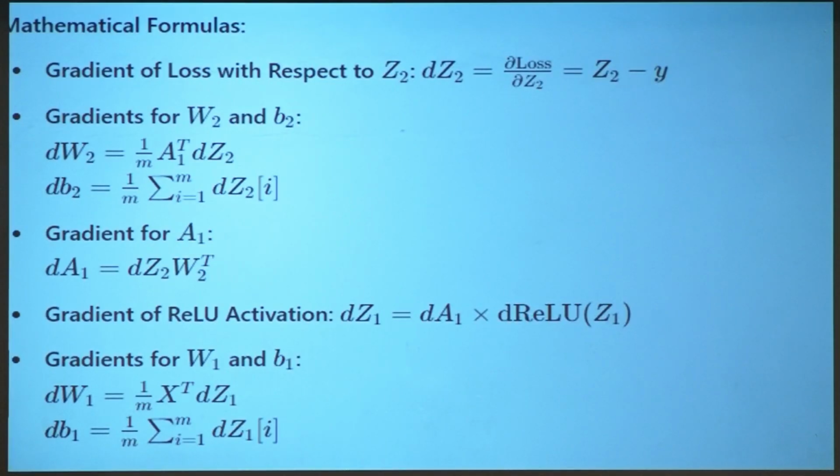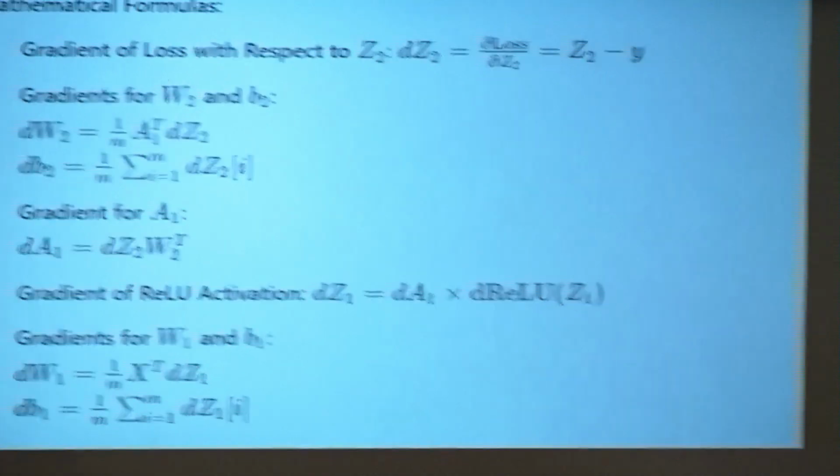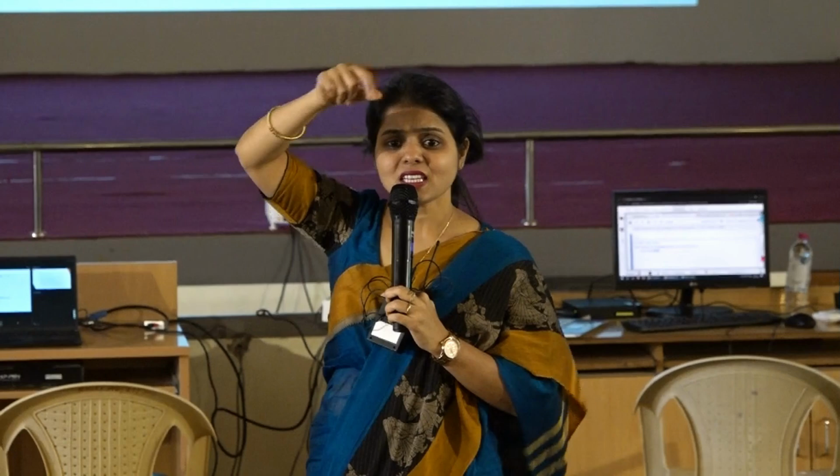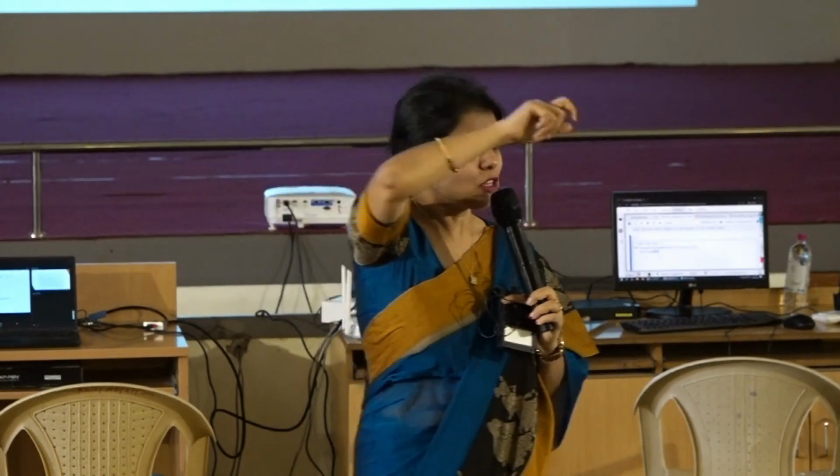Where everybody is going wrong is here. When we talk about M in the forward part, it is X.shape because we are processing the inputs. When I talk about loss calculation, it is Y.shape because for loss I need my output. So M stands for the number of samples in the output column. But here I have to take samples of X with all rows, so axis is equal to 0. Why do we take axis equal to 0 and axis equal to 1?